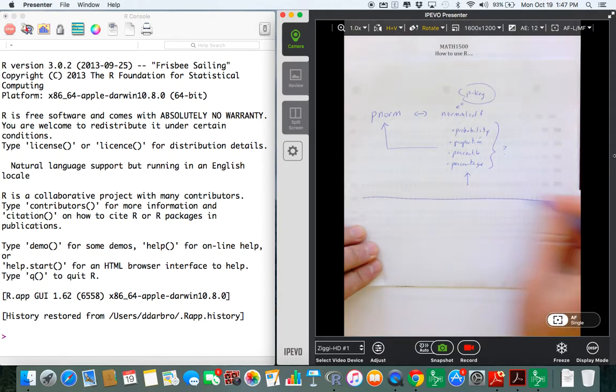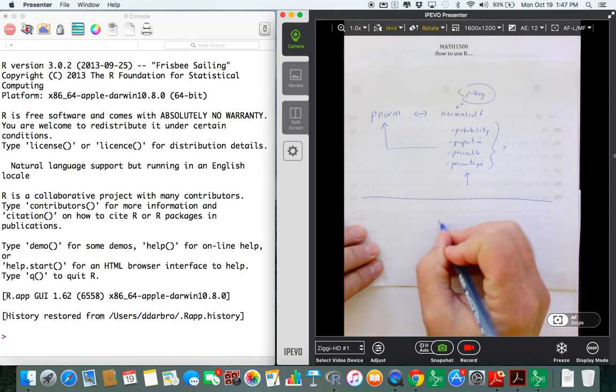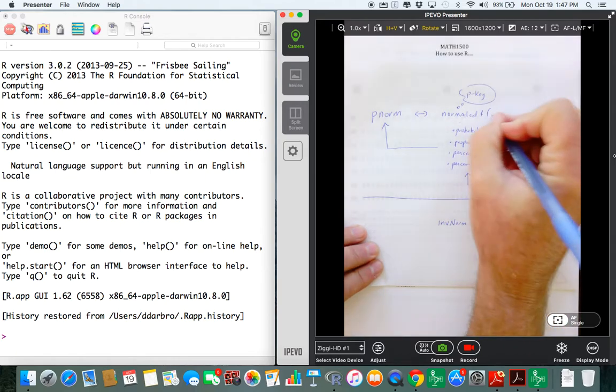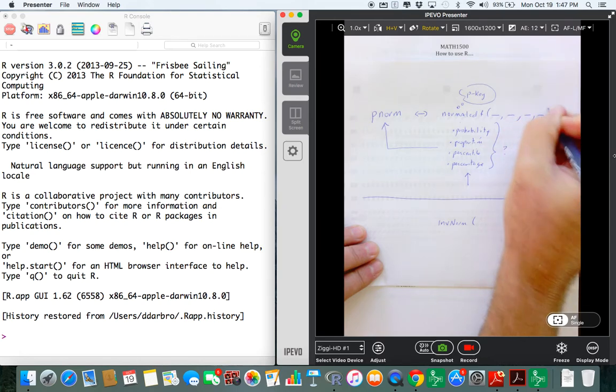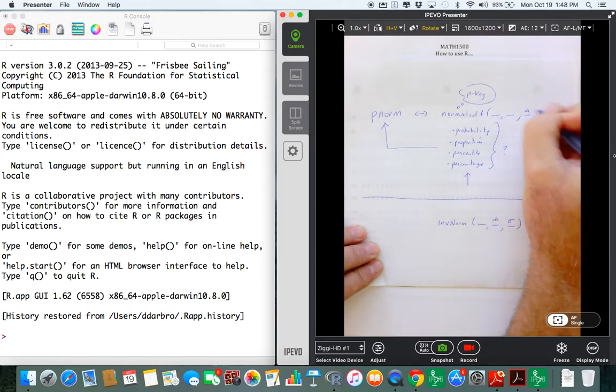Now, the other key that we run into on your graphing calculator is inverse norm. Remember, this has 4 things that we have to put in, and this has 3. The mean and the standard deviation are always the last 2.